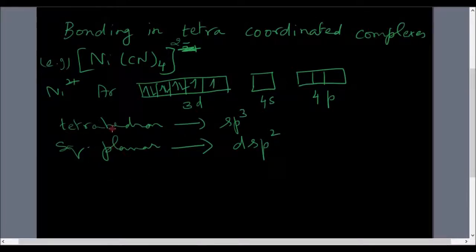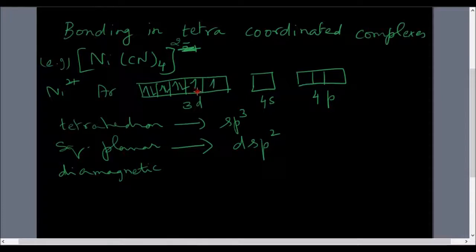And to determine which of the 2 structures is possessed by the given complex ion, we have to have some data. Here, as usual, the magnetic data comes to our help. And this is a diamagnetic complex.